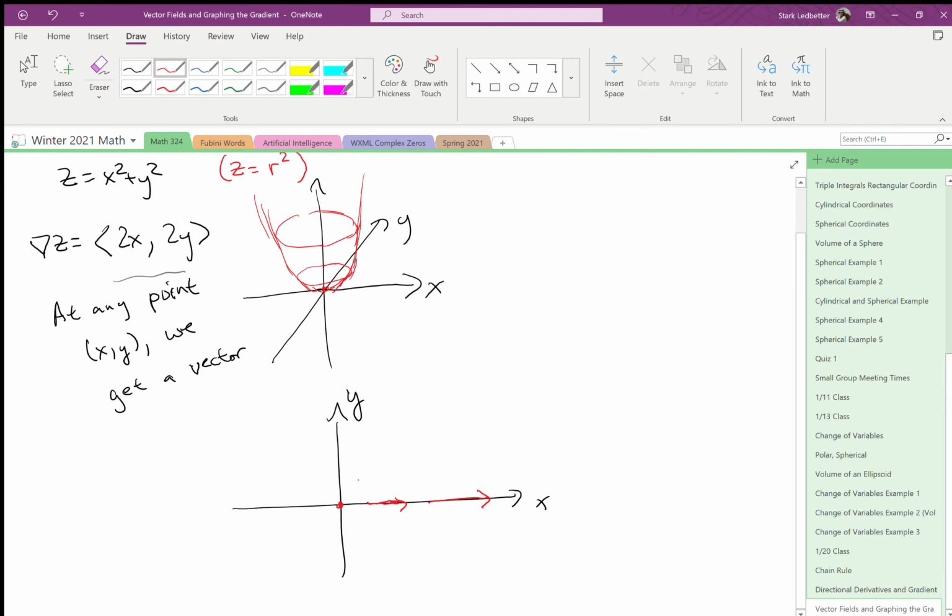And at 1, 1, we get the vector 2, 2. Any direction you go in, the vectors are getting bigger the farther out we go. Maybe that's not as big. And here we get the vector 0, 2, but over here it's bigger.